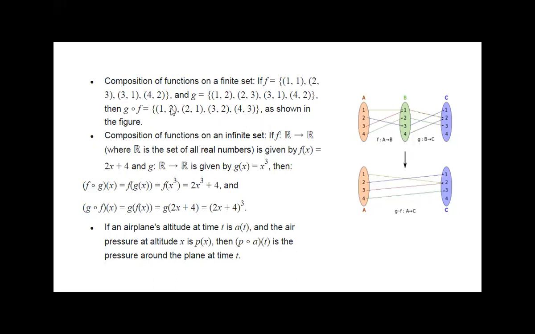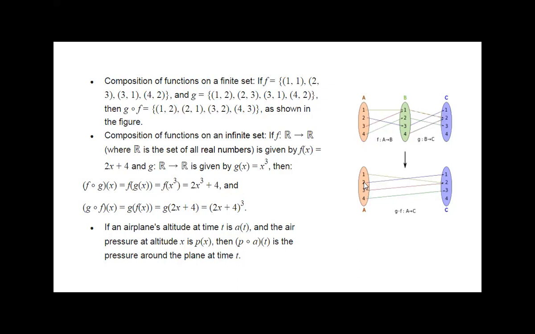Now, how are we going to see g of f of x, that is the composite function of g and f? How is it? See 1 2 3 4. 1 is assigned to 1, and from this 1 it is assigned to 2. So we can directly say here 1 is assigned to 2. Then 2 is assigned to 3 of b, and 3 of b is assigned to 1 of c.